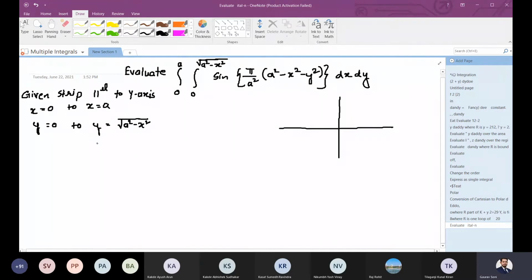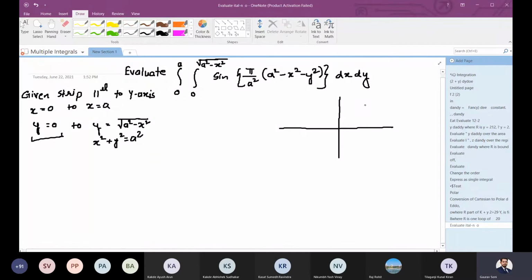This can be simplified to x square plus y square equal to a square. The strip is vertical and it starts from y equal to 0 and ends at the circle.